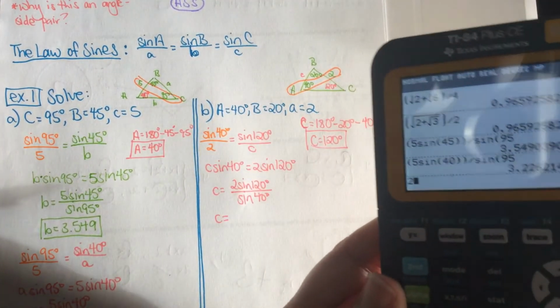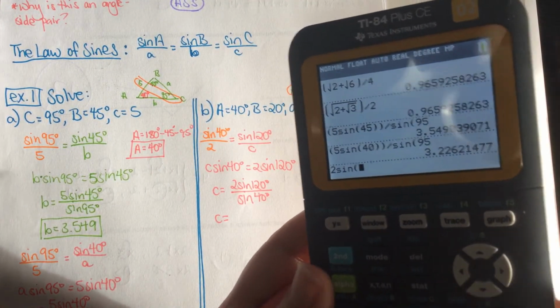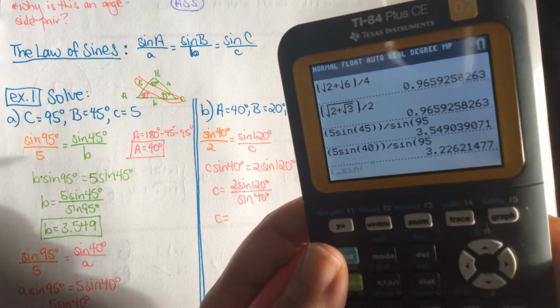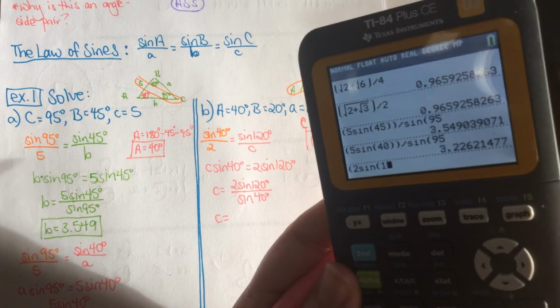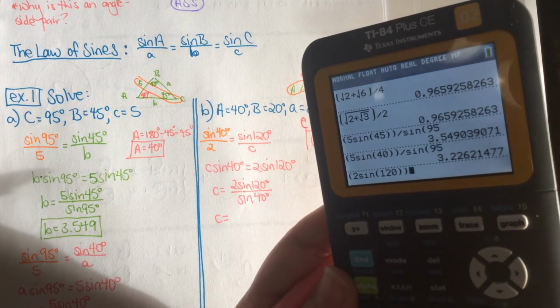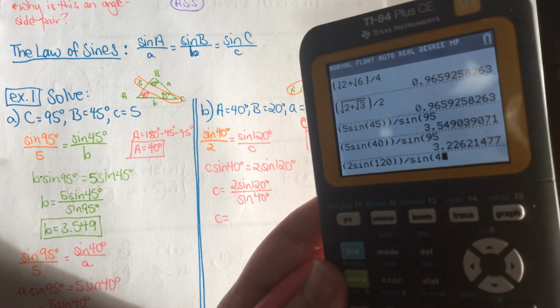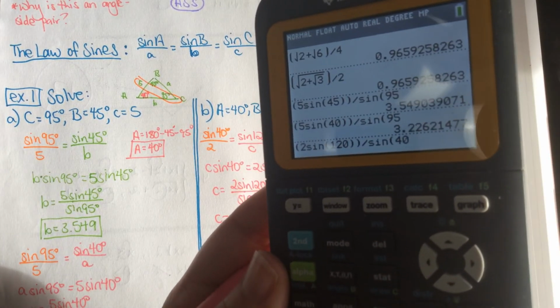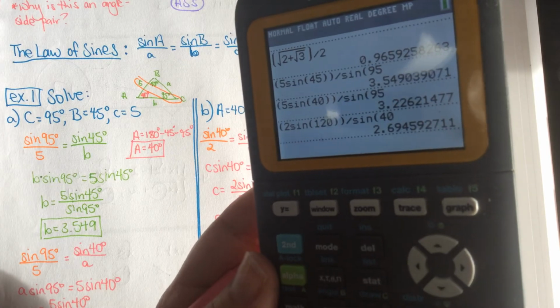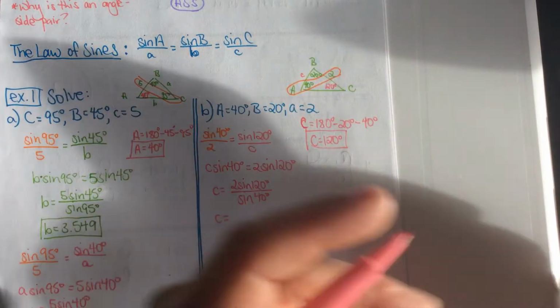And I've got 2 sine, oops, I forgot the parentheses, 2 sine of 120 divided by sine of 40, which is 2.695.